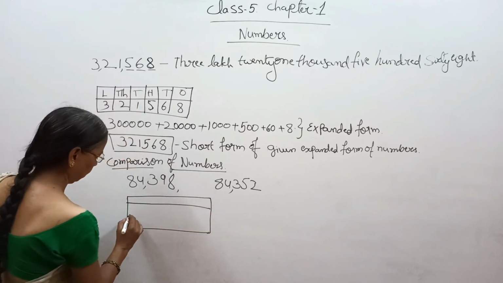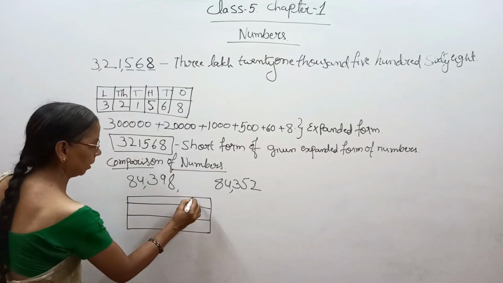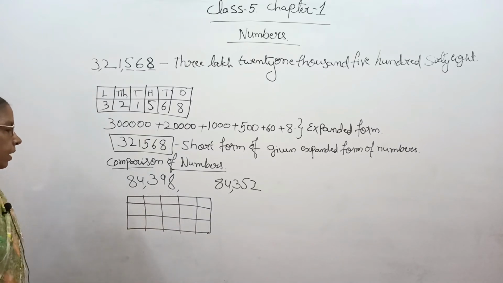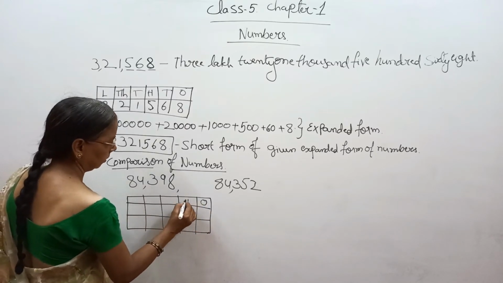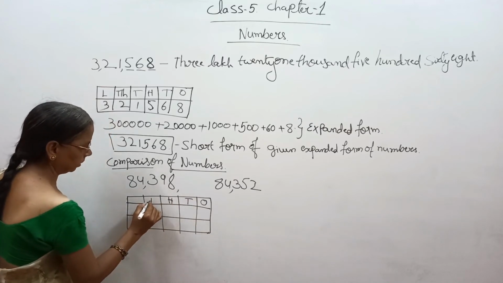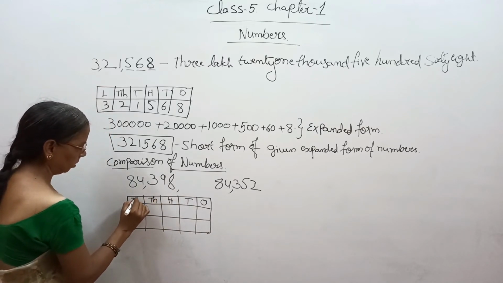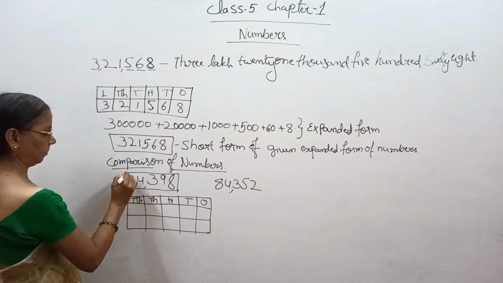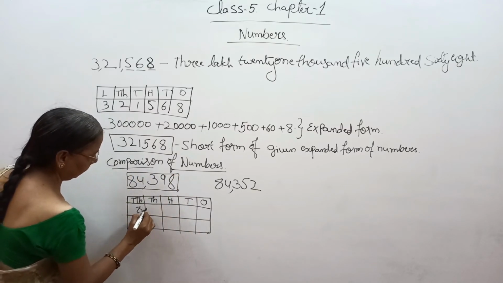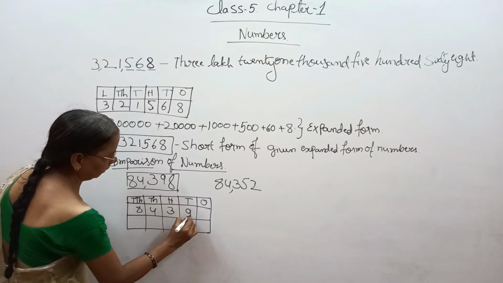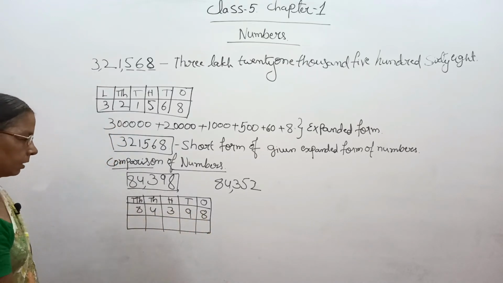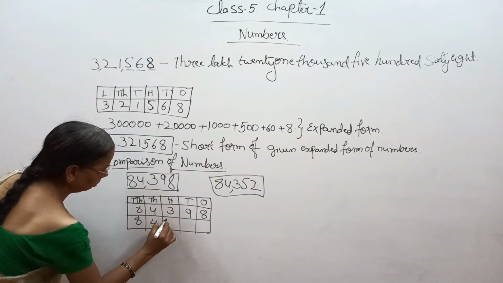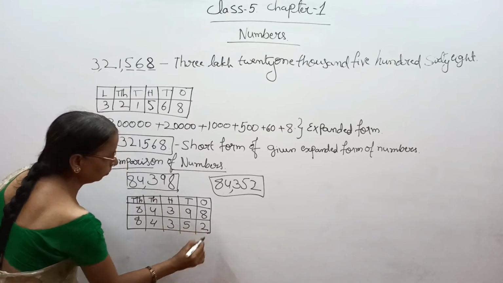We have to put these two numbers in the columns. First, that is ones, tens, hundreds, thousands, 10,000. Now we take the first number, 84,398, and the second number, 84,352.